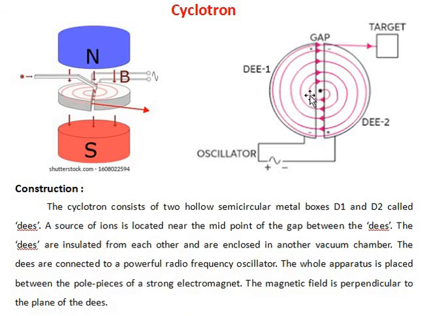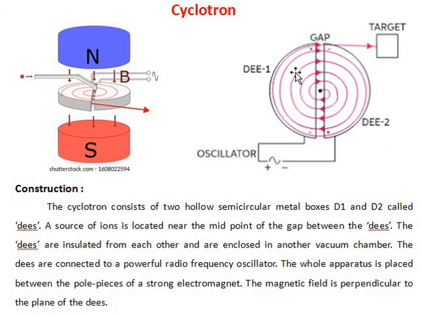At that time D2 changes to positive and D1 to negative polarity, so it is attracted towards D1 and repelled by D2 in this gap. Again it makes a circular motion and exits from D1.